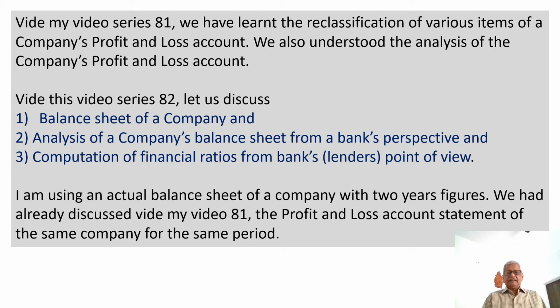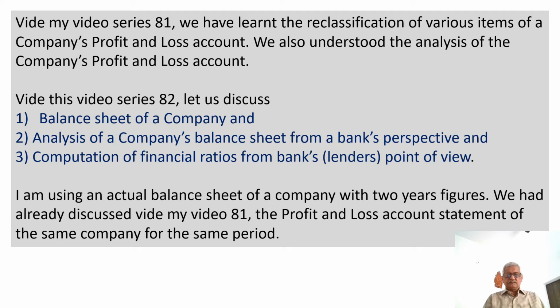In my video series 81, we learned the classification of various items of a company's profit and loss account. We also understood the analysis of the company's profit and loss account.